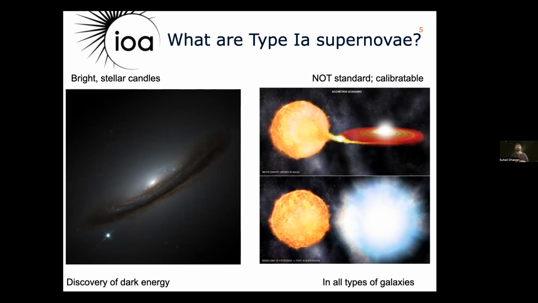Therefore, when we're using the local distance ladder to measure H0, it is important to have a very precise understanding of the demographics of their host population, and therefore how that impacts our inference of the supernova luminosity. So they're extremely interesting candles with which to measure cosmology, but it's important to keep a check on the systematics that are being propagated through.